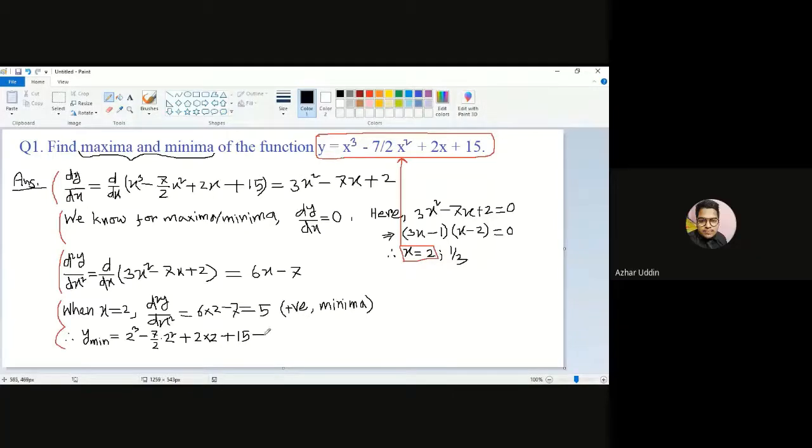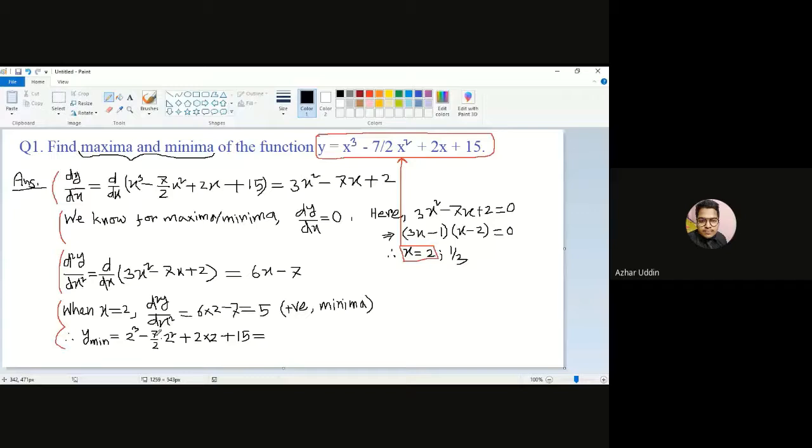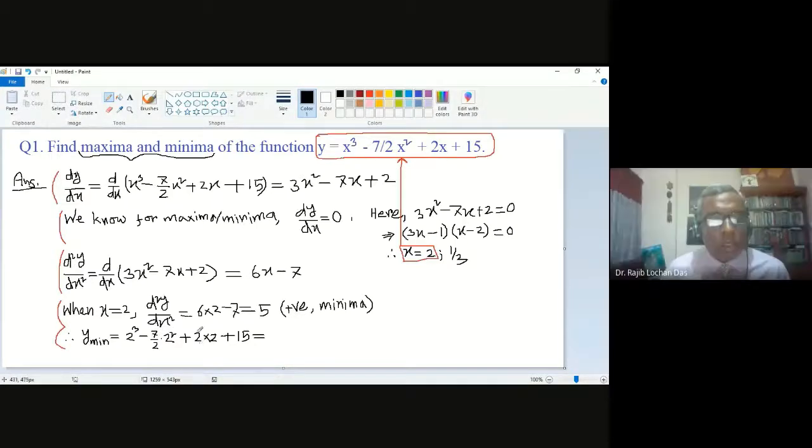You can calculate. 2 cube is 8, then minus 14, plus 4, plus 15. You missed out 2x. So it is 13. So this is the minimum value of the function, and it is possible when x equals 2.